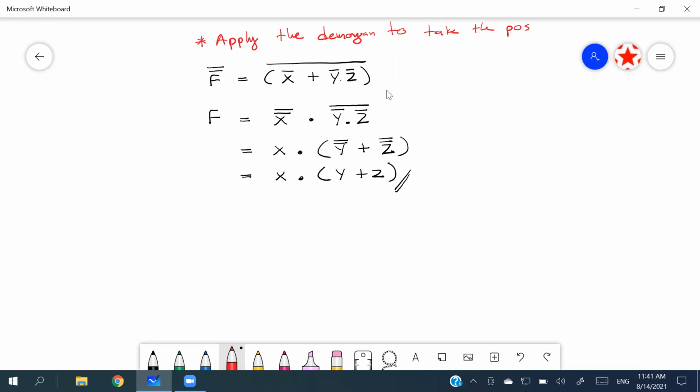Now the next section is an important one, right? We are going to discuss how to derive a particular POS and SOP once we are provided with a particular truth table, right? Later you will learn how to derive a truth table according to the scenario, right?